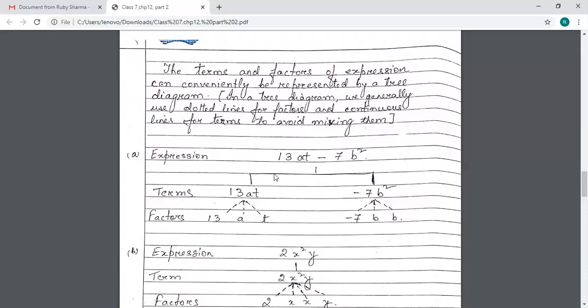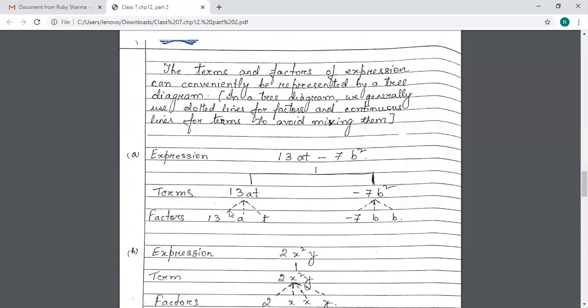And here I have done a continuous line, and then I've shown the two different terms at the end of the two lines. So one is 13ad, one is minus 7b square. Now for factors, I've used dotted lines. There's no hard and fast rule, or specific reason, but it is just to show the difference between expression, terms and factors, we are using one continuous line here and dotted lines here.